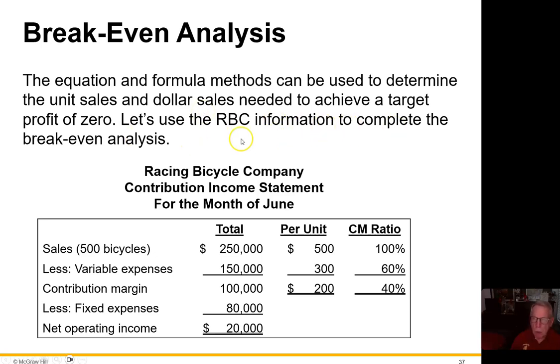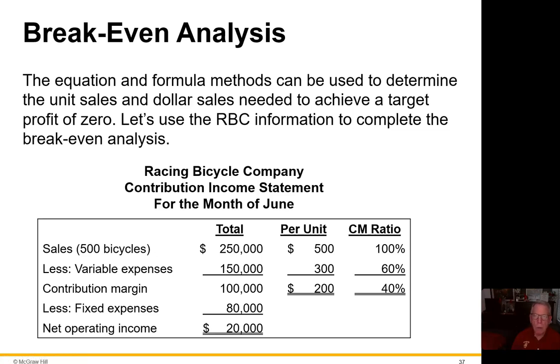And break-even is when we're going to have a target profit here, net operating income, of 0. So let's use the RBC information to complete the break-even analysis. So here, we were selling the 500 units, as shown here, but that's not break-even.